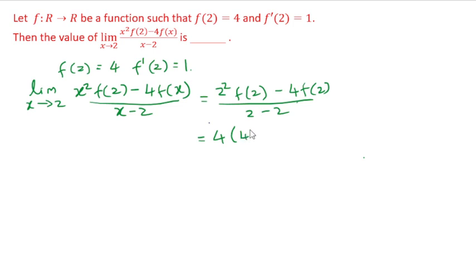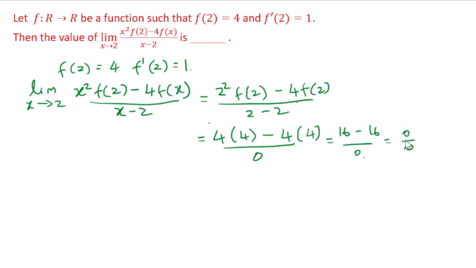So 4 times 4 minus 4 times f of 2, the value of f of 2 is again 4, over 2 minus 2 becomes 0. In the numerator we have 4 times 4, 16, minus 16 over 0, which becomes 0 by 0.